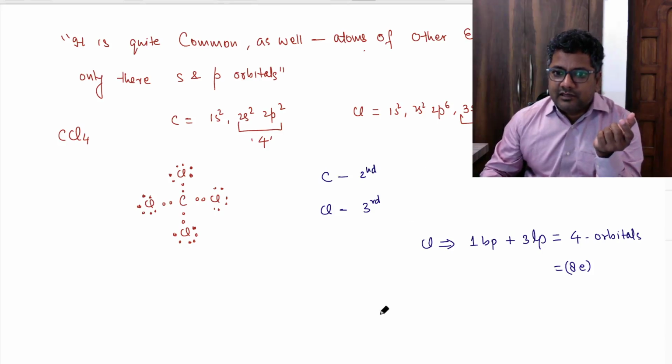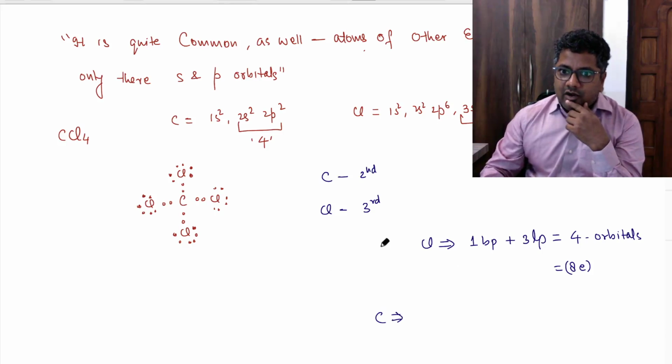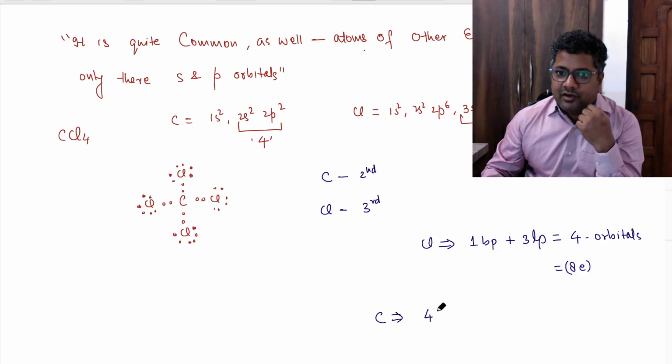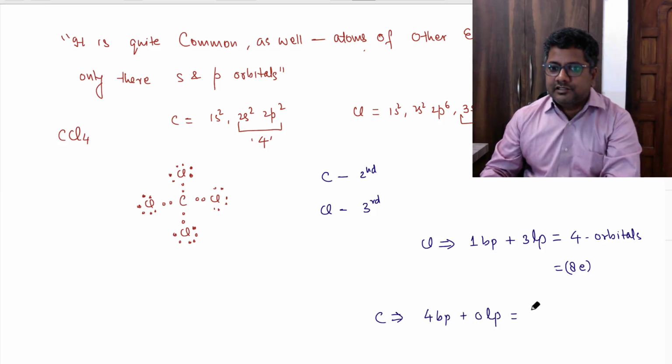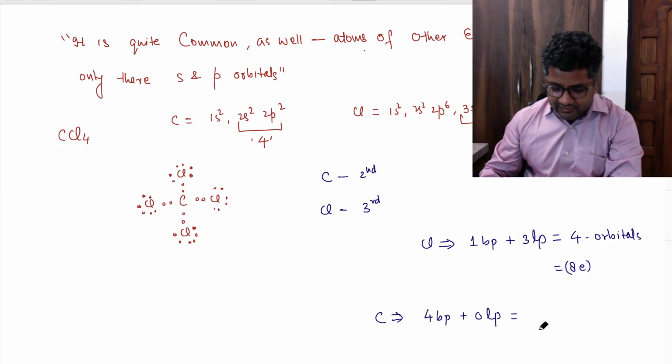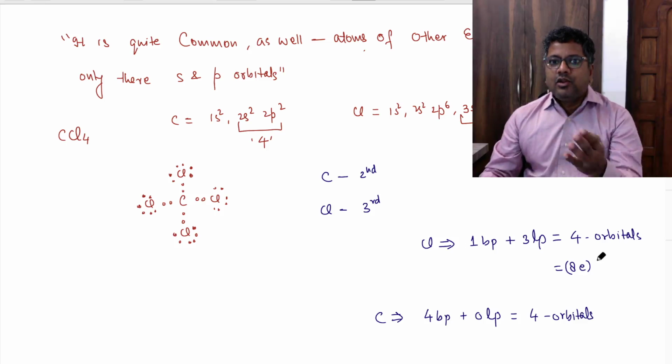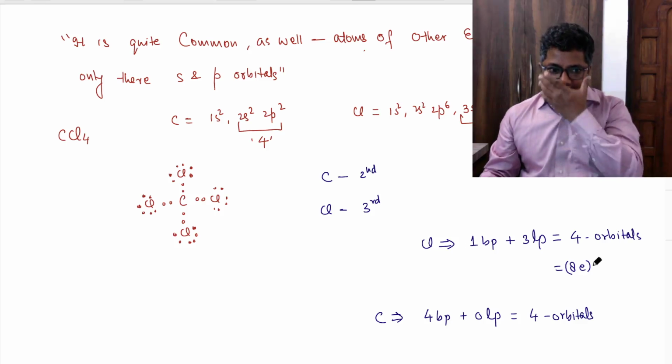So for carbon, how many bond pairs? One bond pair, two, three, four. Four bond pairs. So definitely it has zero lone pair. This is equal to four orbitals. So carbon also utilizes its four orbitals, and chlorine also utilizes only four orbitals, right?